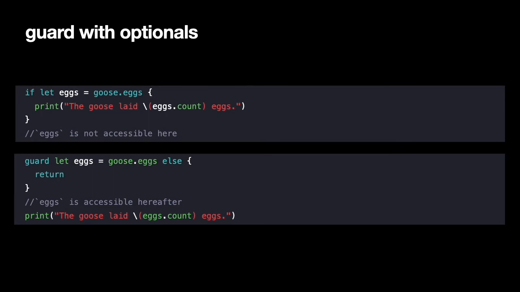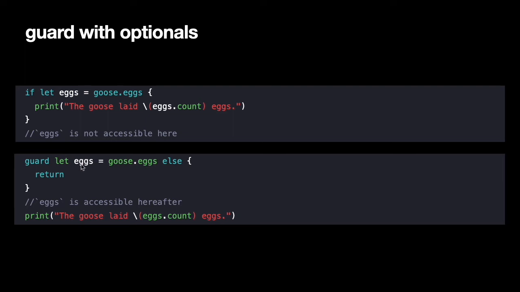Here's another example of the good path being indented. Here we're conditionally unwrapping an optional, and if we successfully unwrap the optional, then we execute our print statement using our non-optional eggs. But with the guard, we test that we can unwrap our goose eggs and have a non-optional eggs.